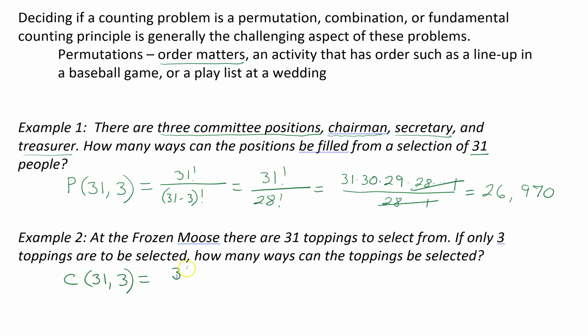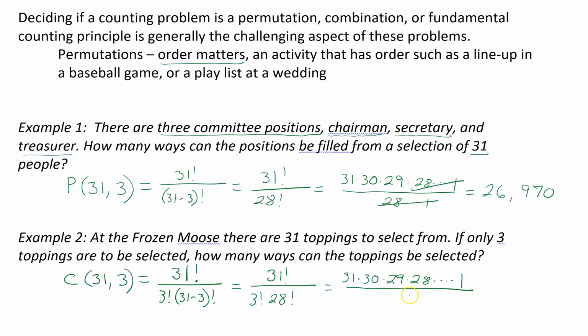And this would be 31 factorial over 3 factorial times 31 minus 3 factorial. This simplifies down to be 31 factorial over 3 factorial times 28 factorial. Now, similarly to the one up above, this would simplify down to be 31 times 30 times 29, and then all the factors from 28 down would reduce out.